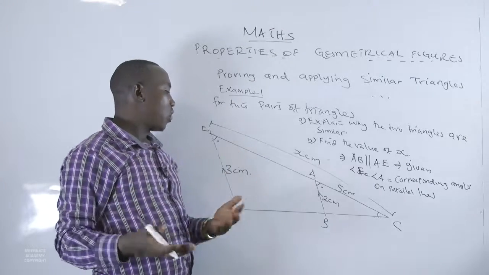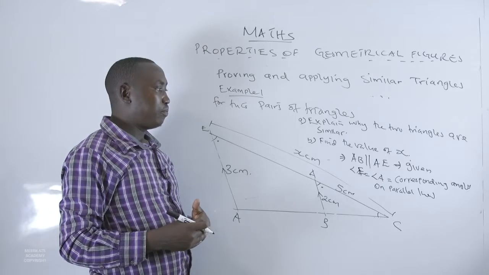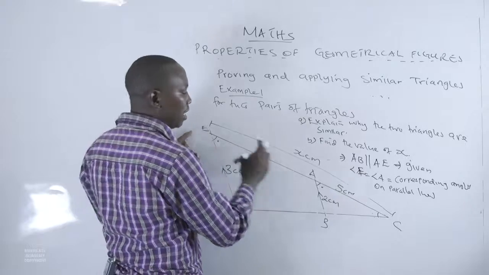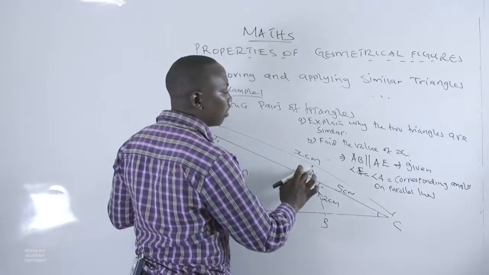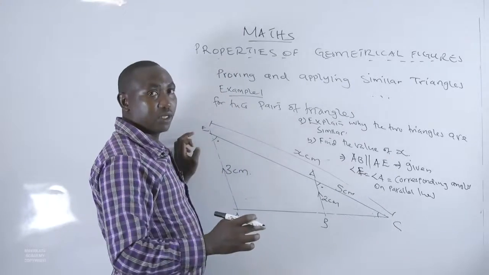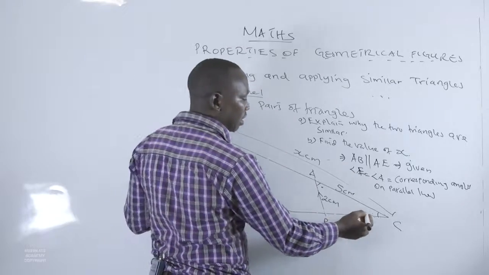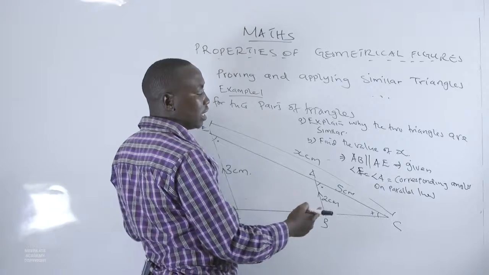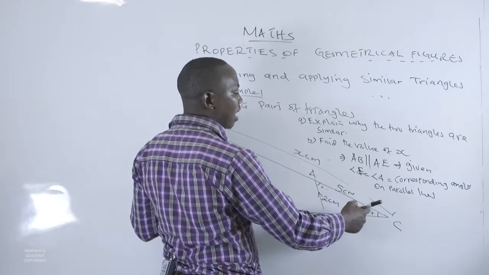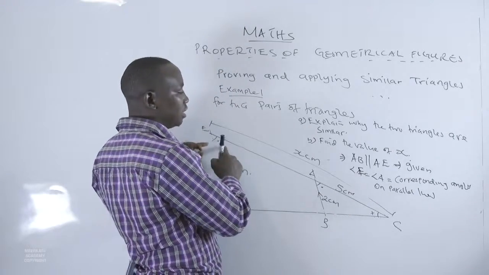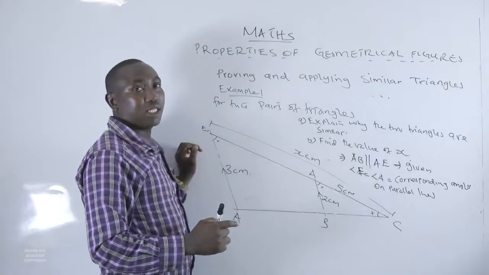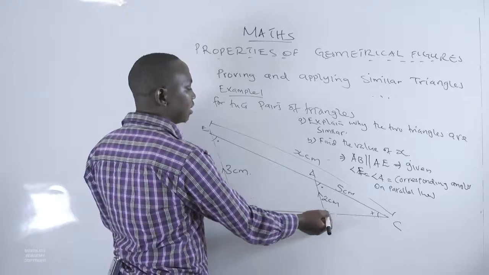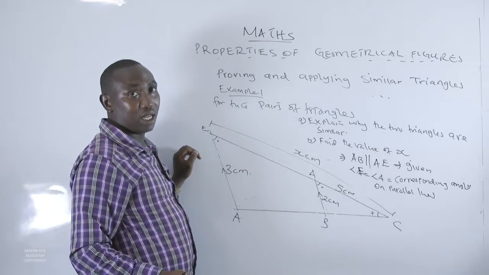Now those two are enough. Or we need this angle C. Look at angle ECA, angle ACB. It is common for both triangles. So this angle and this angle are matching and they are equal. That will also tell you that this angle and this angle are going to be automatically equal.